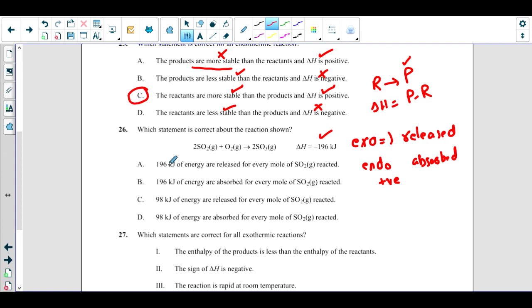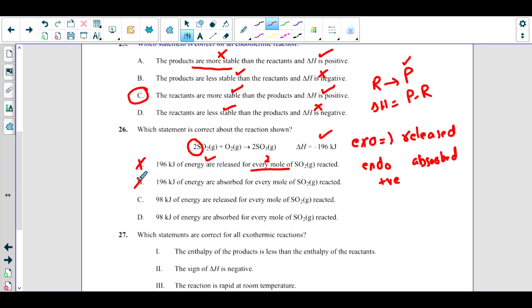So the equation is given. Let's read the answers. 196 kilojoule of energy are released for every mole of SO2 reacted. This is false. Why? It is true that 196 is released, but this is not for every mole. In the equation it is 2 moles. If it was written 2 moles, then it would be correct, but it's wrong. Next, 196 are absorbed.